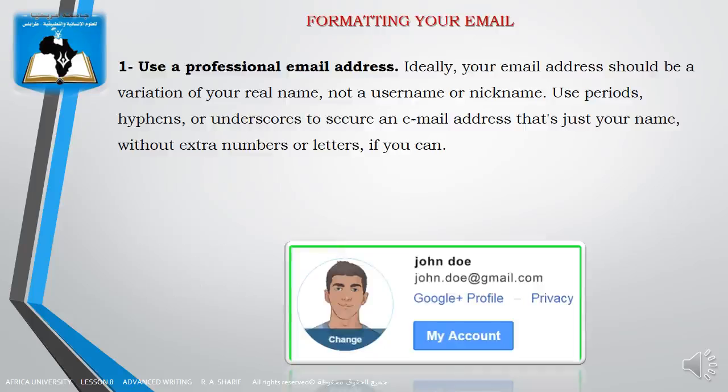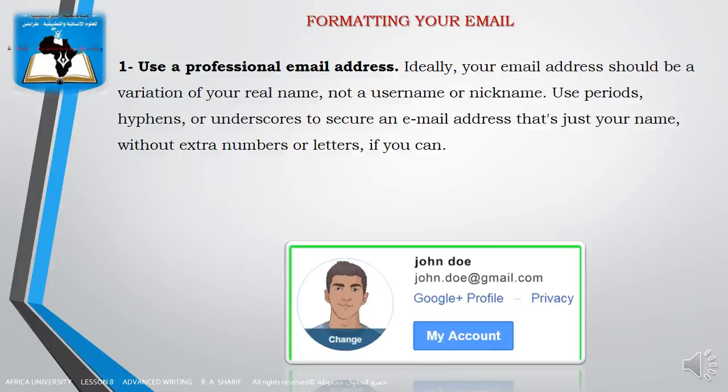Use a professional email address. Ideally, your email address should be a variation of your real name, not a surname or nickname. So you need to use periods, hyphens, or underscores to secure an email address that's just your name, without extra numbers or letters, if you can.